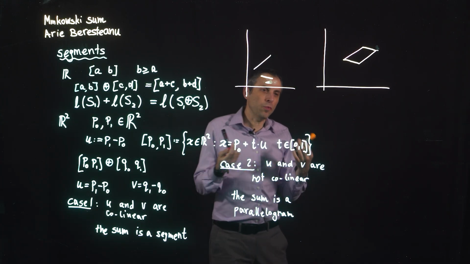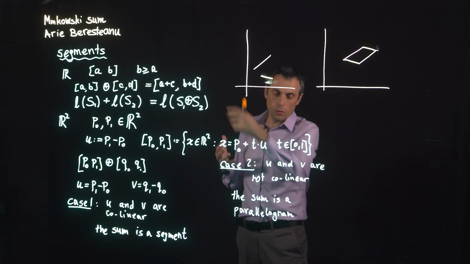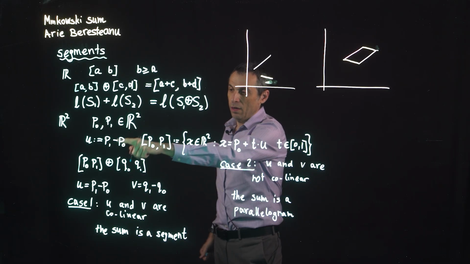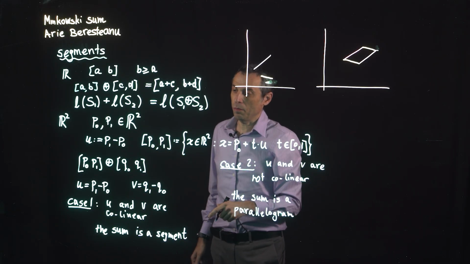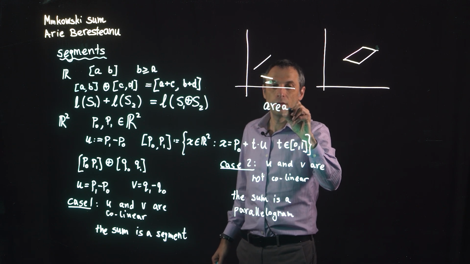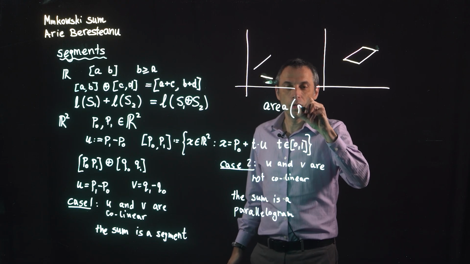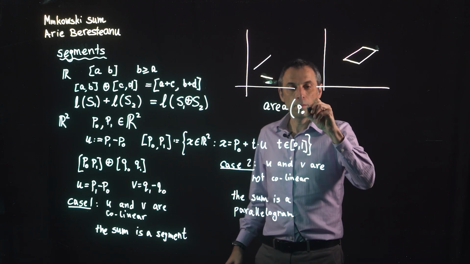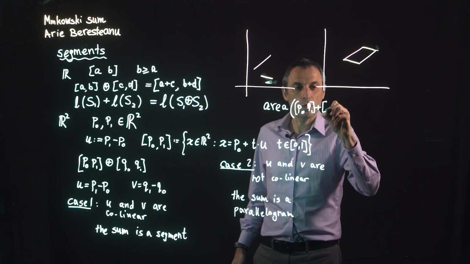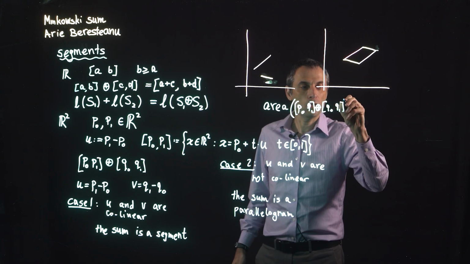We talked about lengths of segments. What is the area of the parallelogram, the sum P0, P1 plus Q0, Q1, the Minkowski summation?